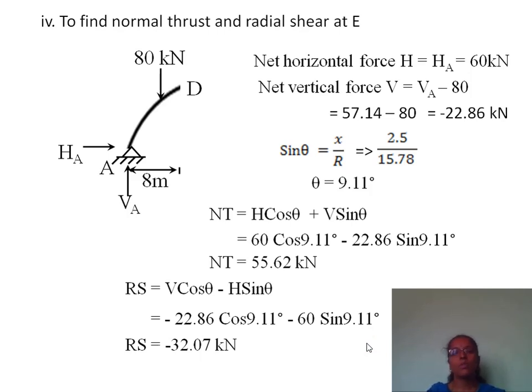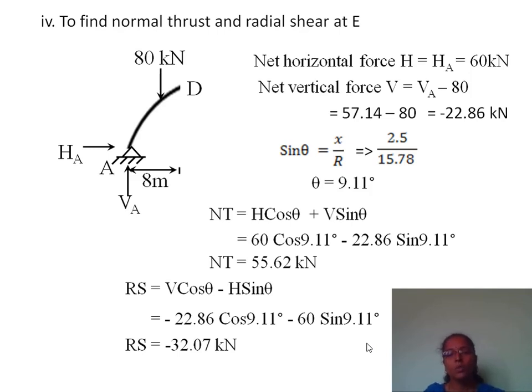So that is how you should analyze a circular arch with supports at the same level. In this problem we have calculated how to find the reaction components, how to find the radius, how to draw the bending moment diagram, and also how to find the normal thrust and radial shear at any section.